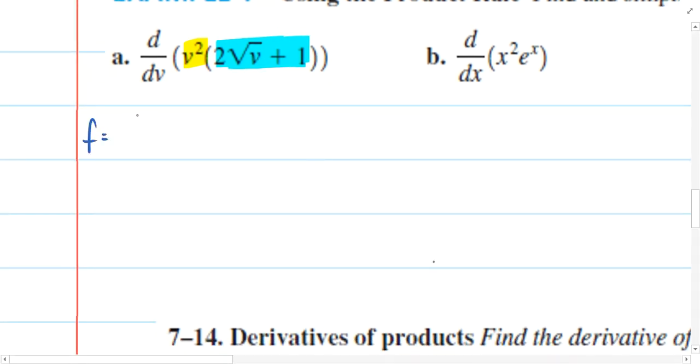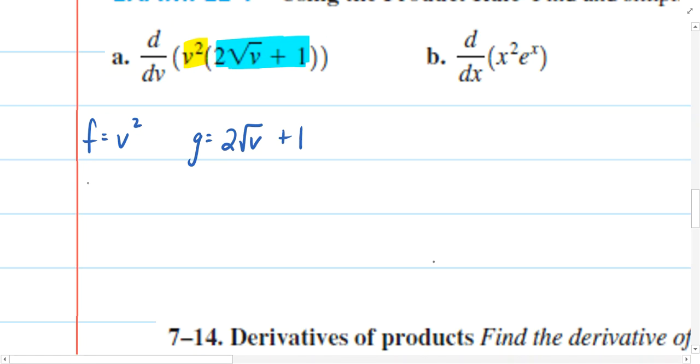So if we say that f is the function v squared and g is the function 2 square root v plus 1. Well, here we go. We've got our two functions that are multiplying together. That's what made this large outer function.